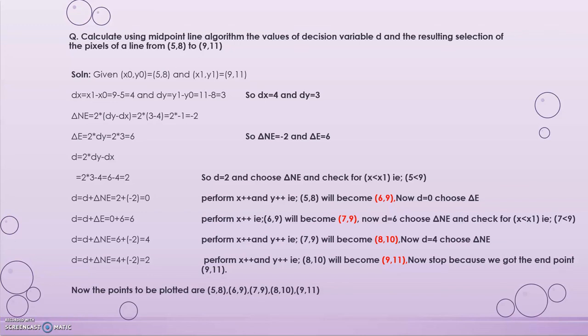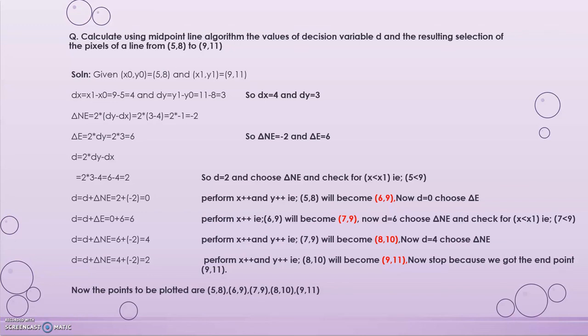So we have delta x as 4 and delta y as 3. Now I'll calculate delta NE, we get minus 2 and delta E as 6. First we'll find out the d value. Depending on the d value only we can move further in the problem, right? So for now we are getting the d value as 2. 2 means it is greater than 0.